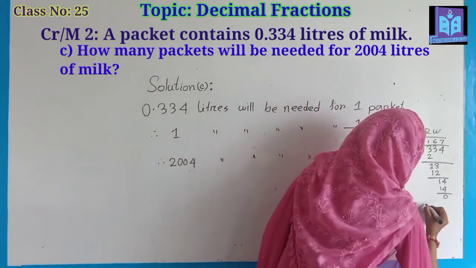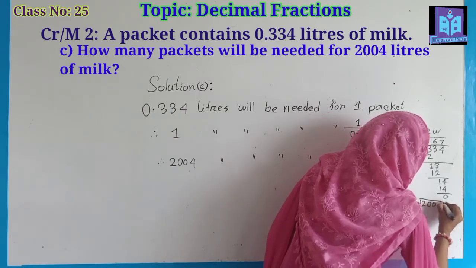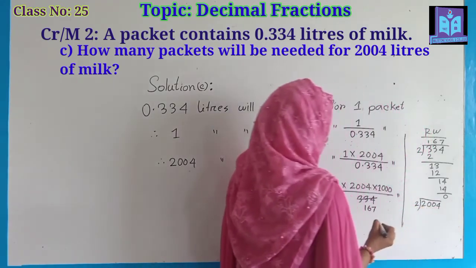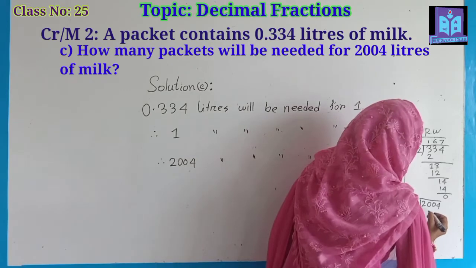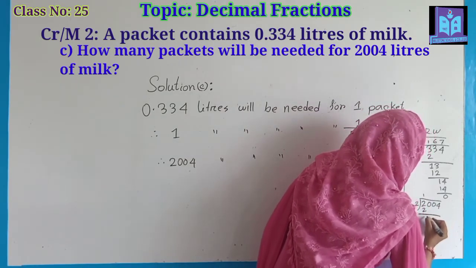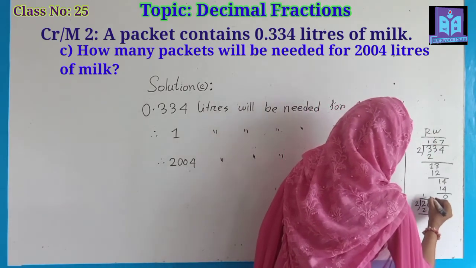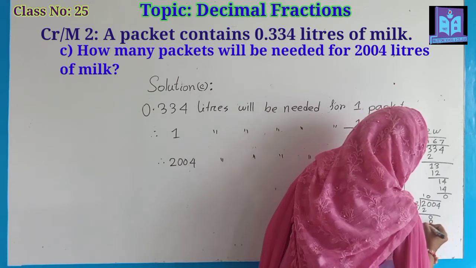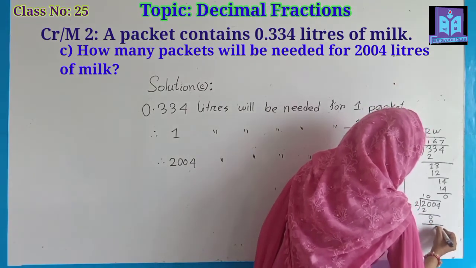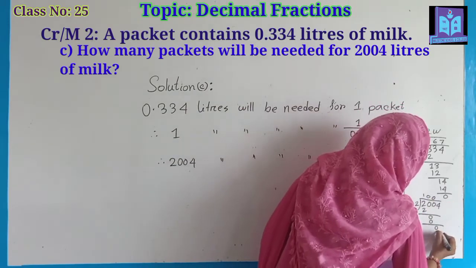Similarly, we will do the numerator. It means 2004 divided by 2. So I can write 2 1s are 2. There is nothing left. I will put another digit, that is 0. 2 0s are 0. There is another 0 also. I will put this. 2 0s are 0.